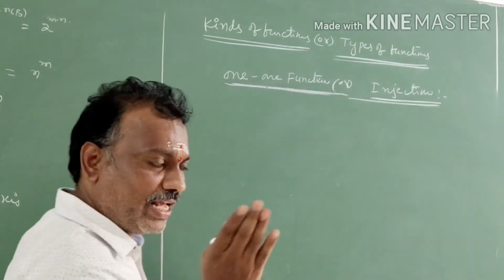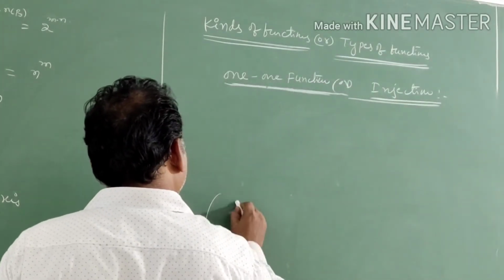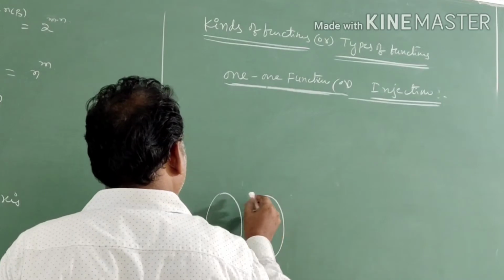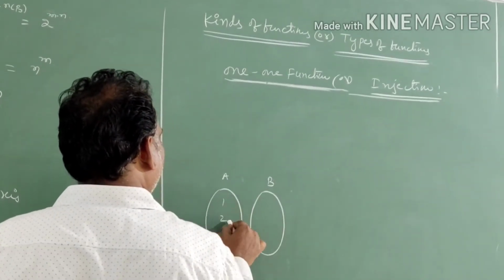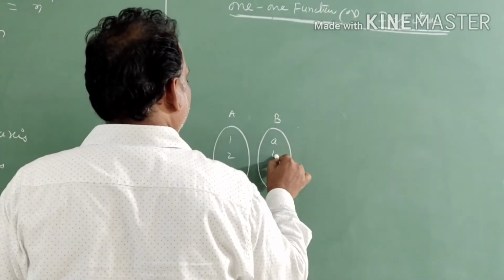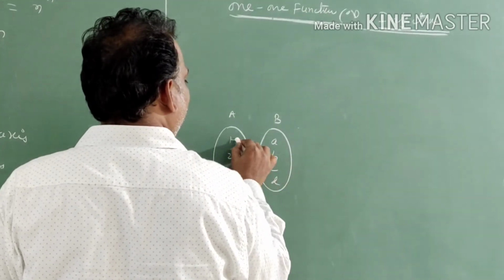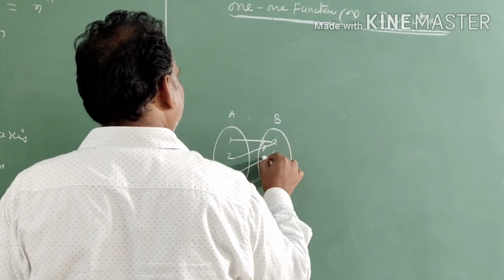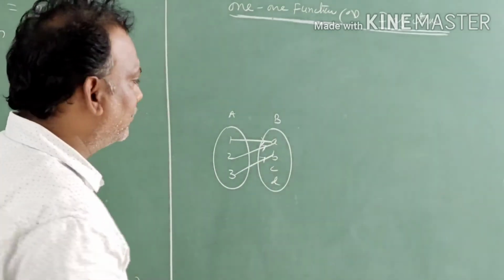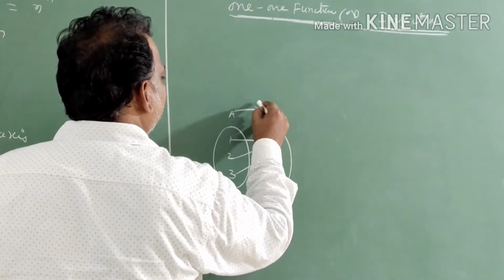That, one example I will explain. Suppose A is 1, 2, 3 and B is A, B, C, D. So 1 with A, 2 with A, 3 with B. Is it a function or not?